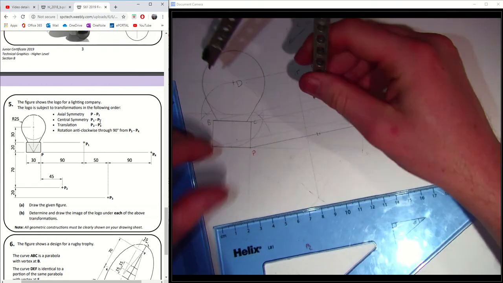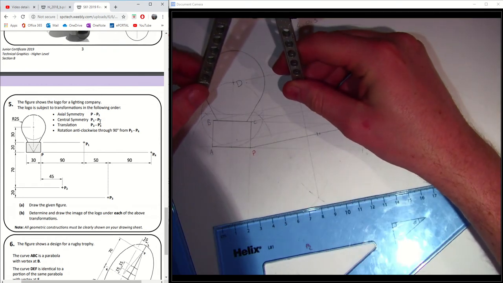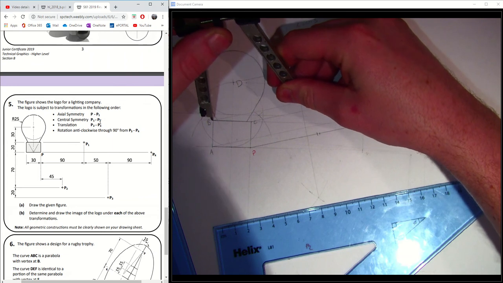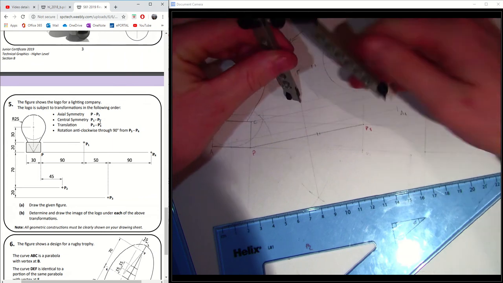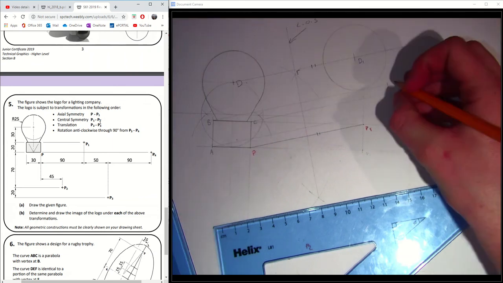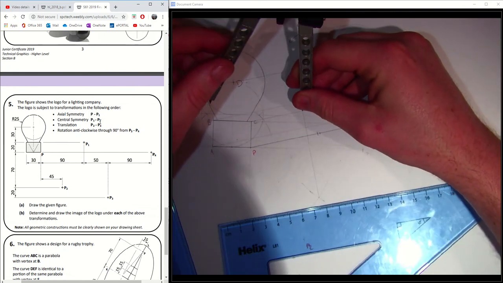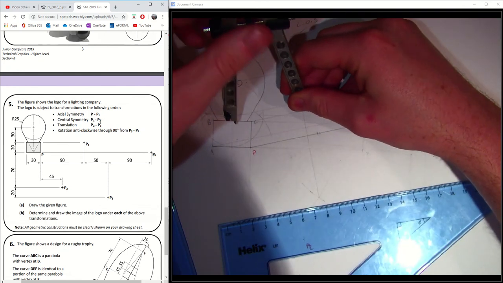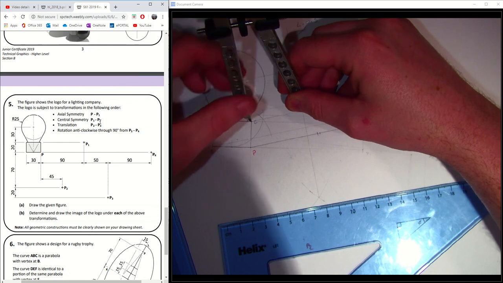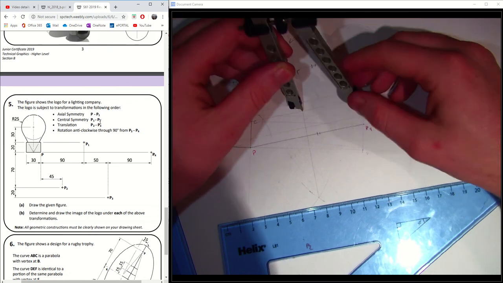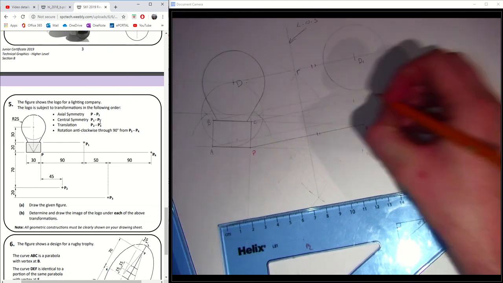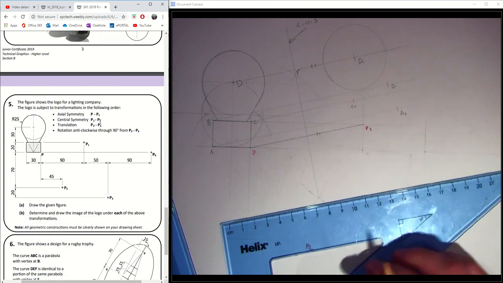The next one is I want to get B. Okay, so that's B, and I'm coming across, that's going to be B1. And finally, I want to get C. Come across from C and rotating, that's going to be C1.